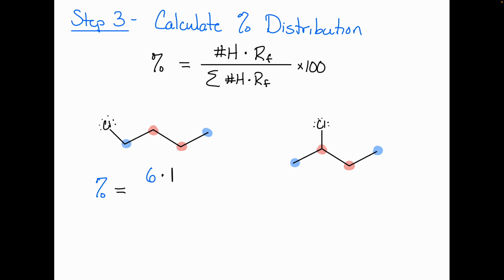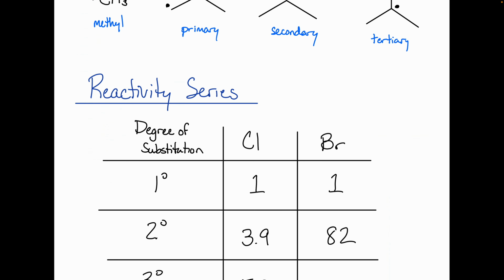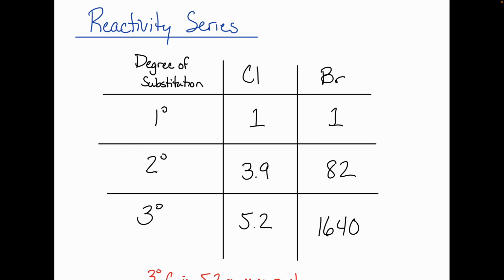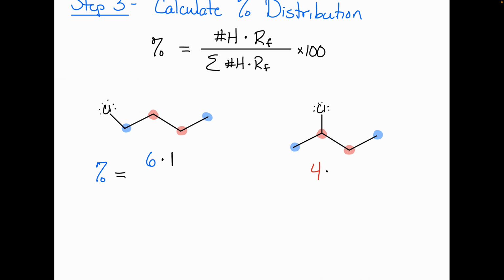If I go over here to my 2-chlorobutane, that was 4 hydrogens times that reactivity factor. What would the reactivity be for that red group? 3.9. That was a secondary carbon. All right, and then in order to get my percent, I'm going to have to divide this by the total for everybody.